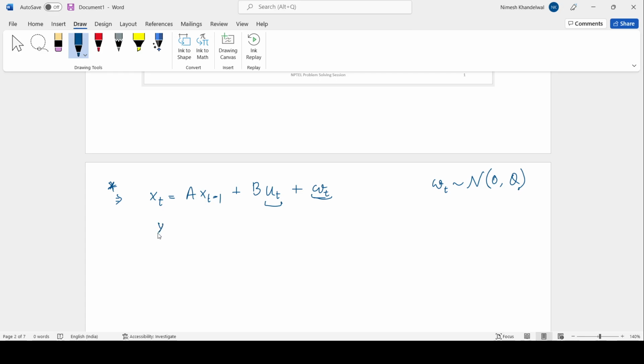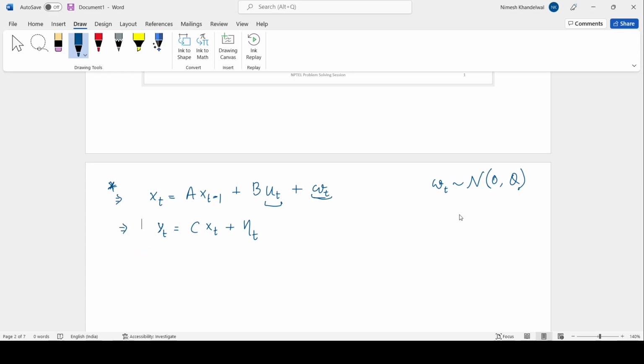Last week this was also given to you in terms of probabilities, but now you have it directly in terms of equations of the system. So this is my measurement model.